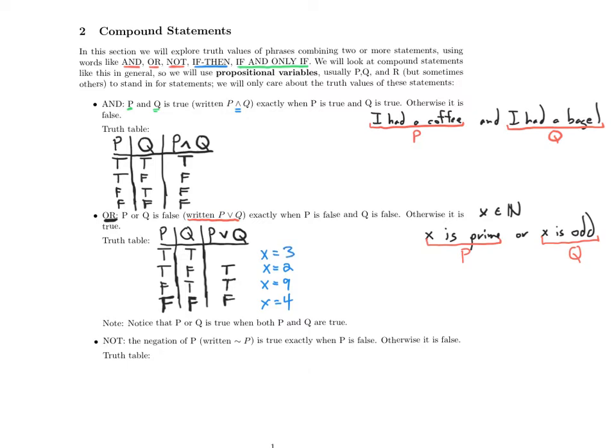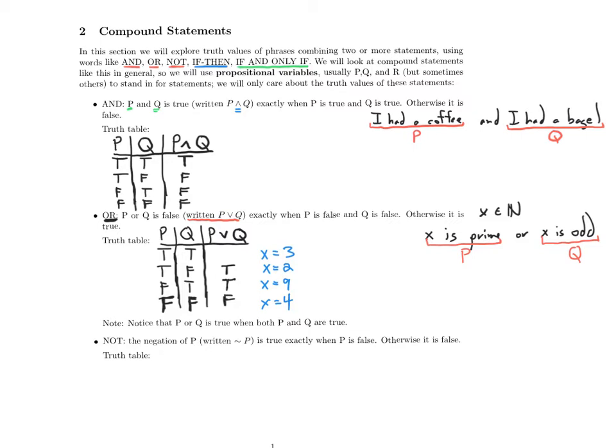What happens here? If I told you 3 is prime or 3 is odd, here they're both true. And we have to make a little choice, because in a lot of situations we want or to be true when both are true, or we want or to be true when exactly one is true.